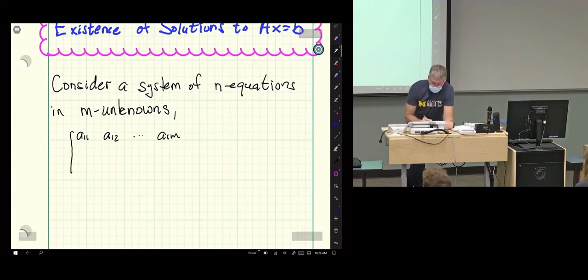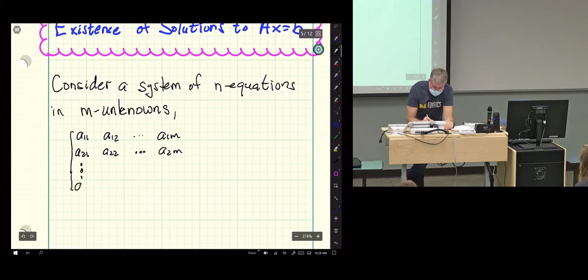Because I have m unknowns, I need m columns. A21, A22, dot, dot, dot, A2m, dot, dot, An1, An2, dot, dot, dot, Anm.